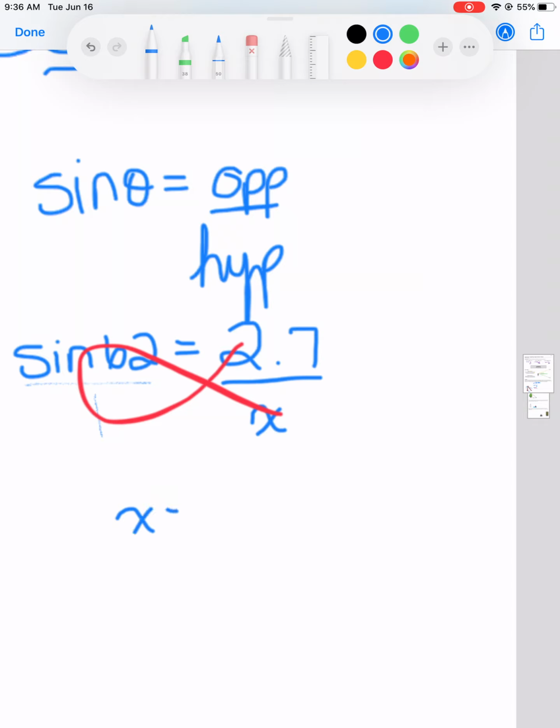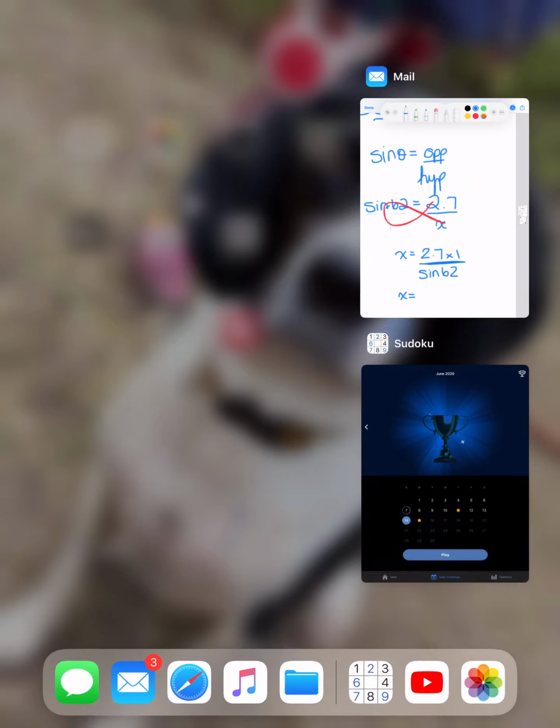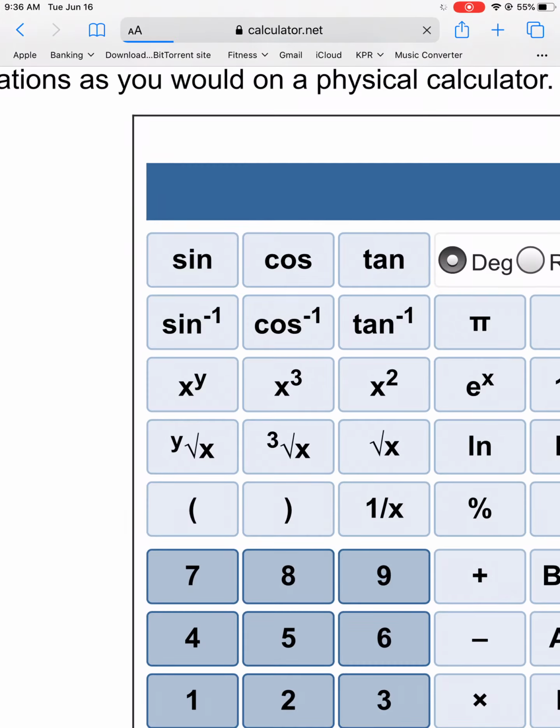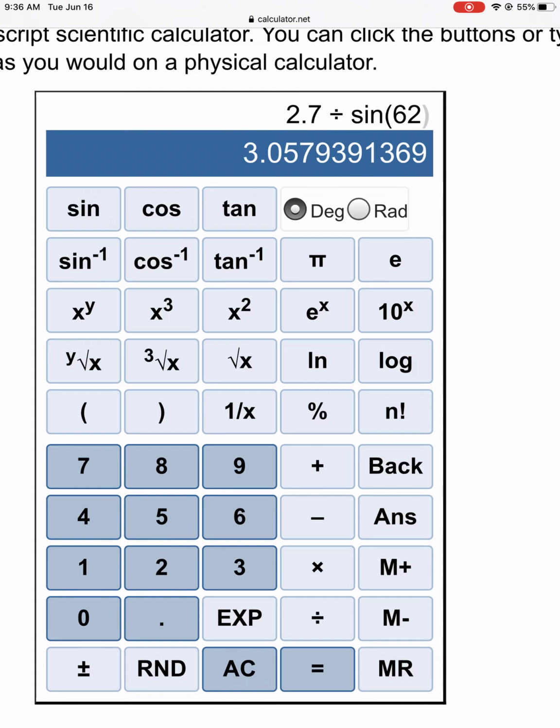So x is equal to 2.7 times 1, divided by sine 62. So 2.7 divided by sine 62 is 3.05, so it's technically 3.1.